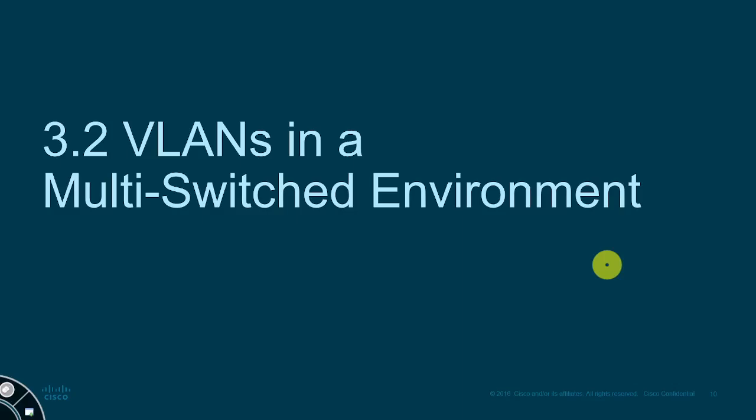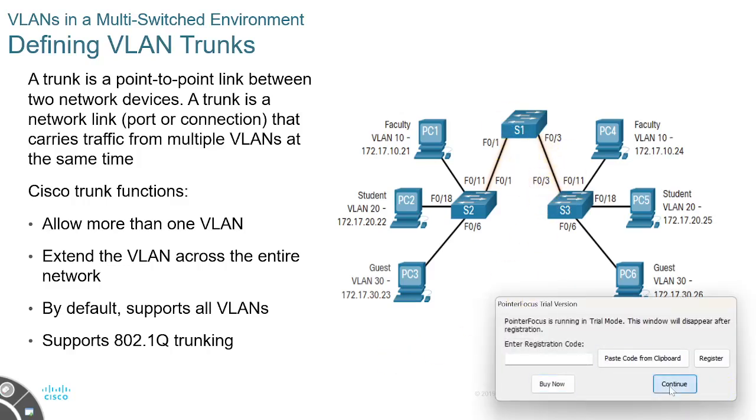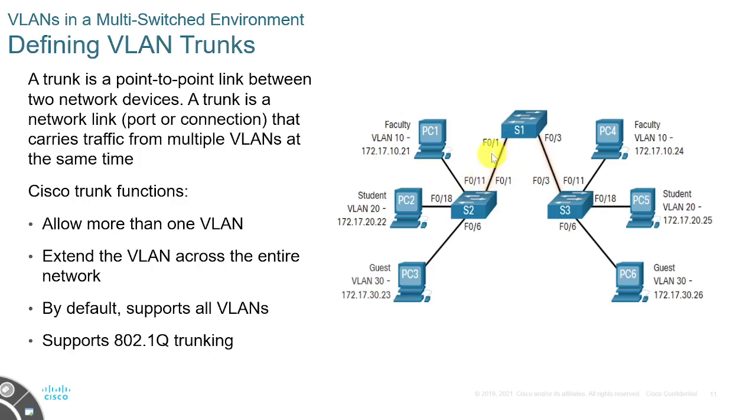VLAN in a multi-switched environment. This is an example here. So first of all, we have to define the trunk. What's a trunk? A trunk is a point-to-point link between two network devices like S1, S2 trunk, S1, S3 trunk, this one.